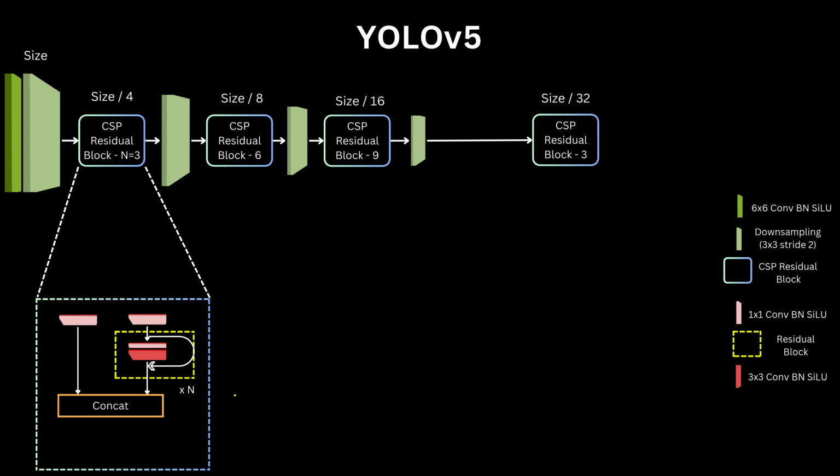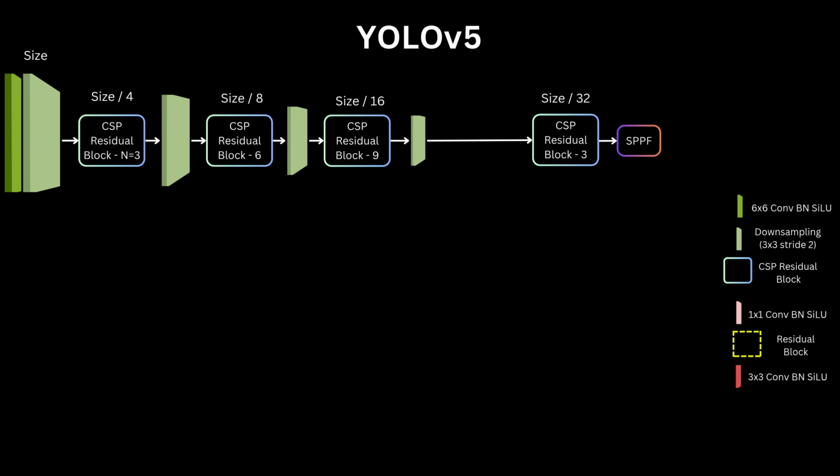After one part is fed through n residual blocks, we concatenate, and using a 1x1 convolution layer, we get the output of CSP residual blocks of YOLO v5. So in terms of CSP blocks, apart from the activation change, YOLO v5 also gets rid of the 1x1 conv layer, which was present right after n residual blocks prior to concatenation.